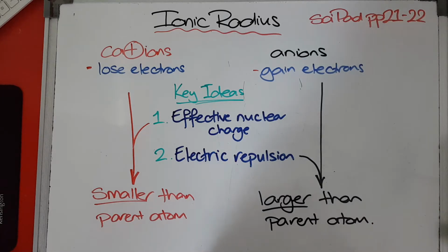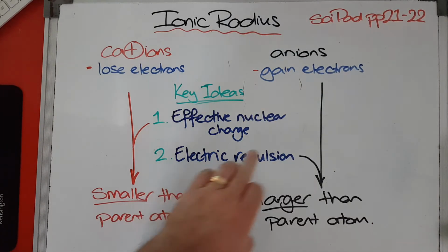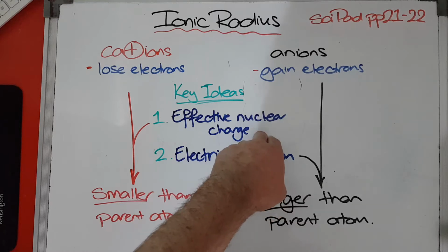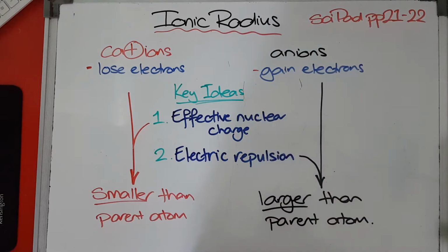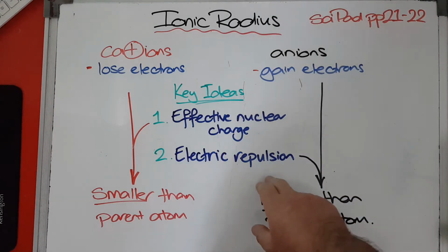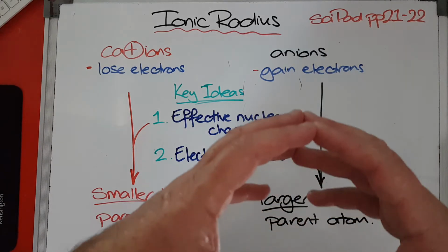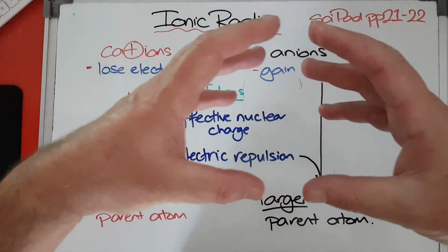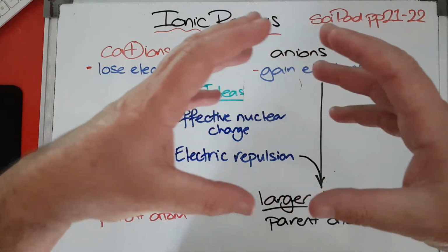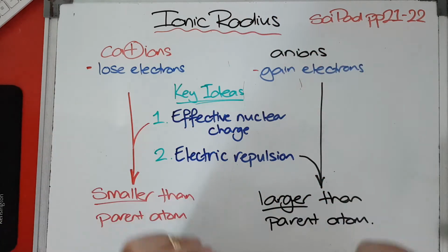So there's only the pull of 8 positives. There's no increase in effective nuclear charge at all on the outermost electrons. But now you do have electric repulsion. There's more electrons in the second energy level, so they're naturally going to repel each other and make that electron cloud a little bit bigger.